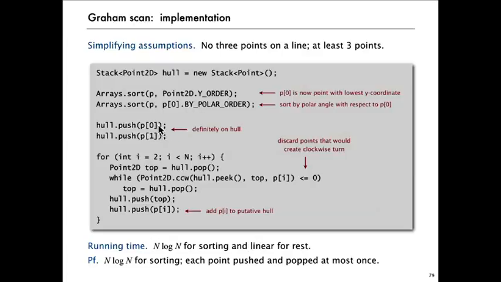It puts the points on the hull, and for every point, considering them in the order of the polar sort, it'll compare whether the top 2 points on the hull and the new point implement a CCW turn or not. And if it's not a CCW turn, it pops it and continues going. Very little code to implement the convex hull, given that you have a sort.